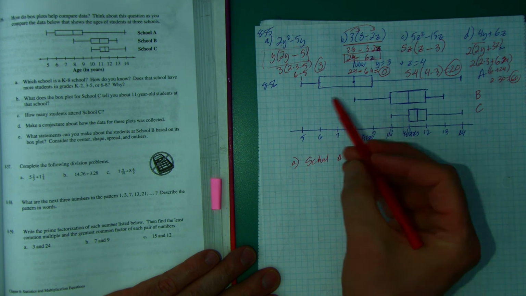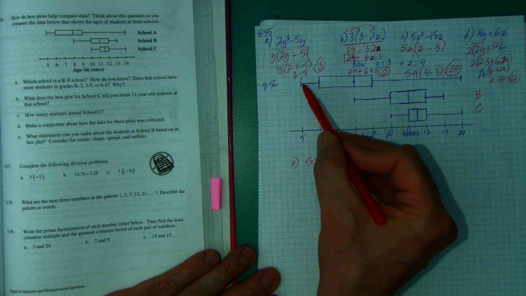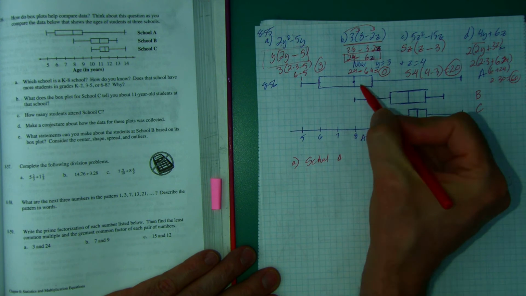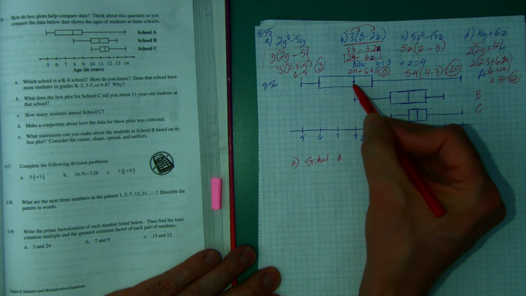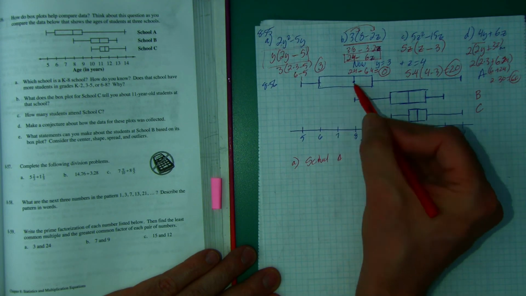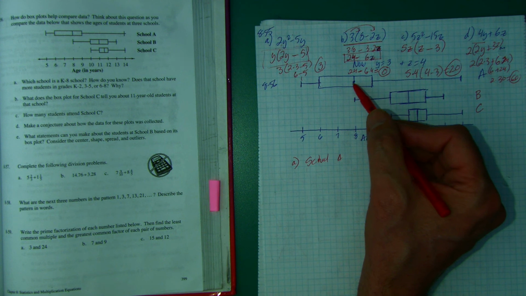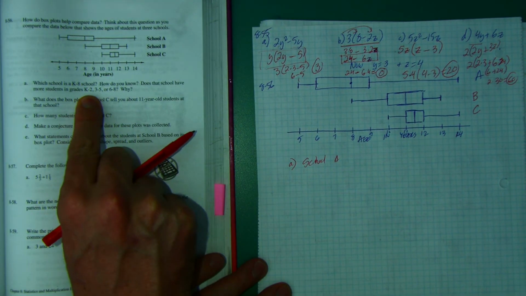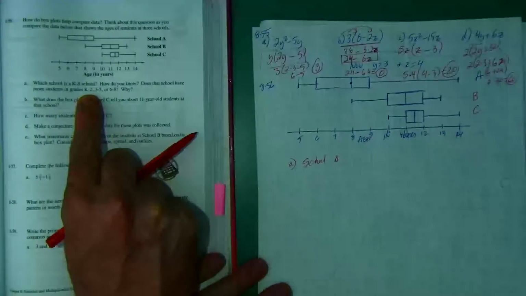That's probably kindergarten, so a fourth of the kids are kindergarten. And 25% of the kids are between 6 and 8, which I'm going to say is between first and third grade. So I'd say it has more kids in kindergarten to second. But that's a close call.